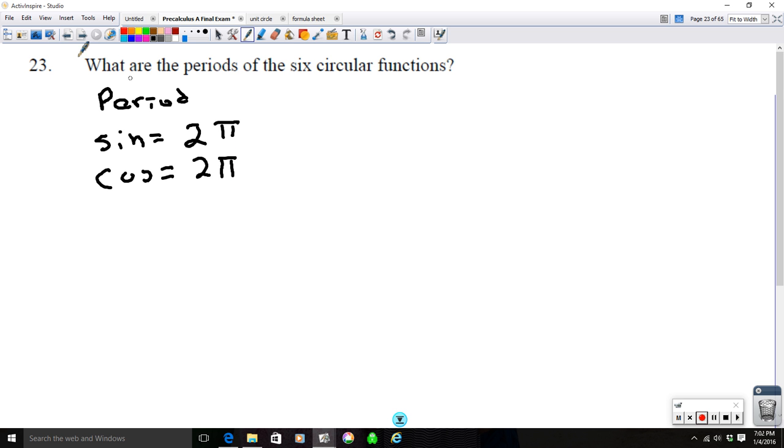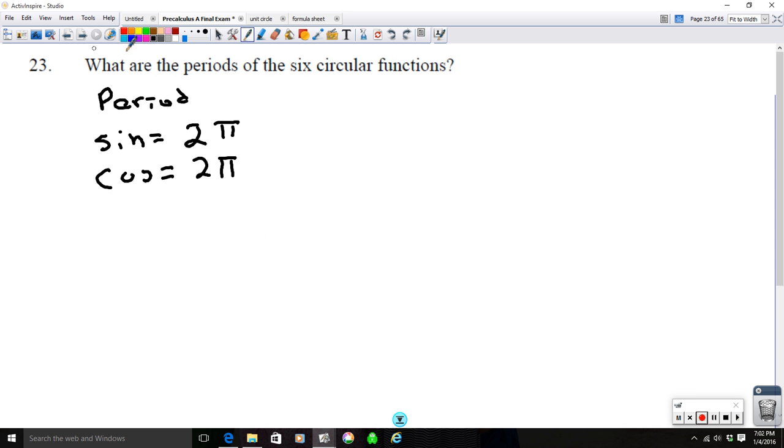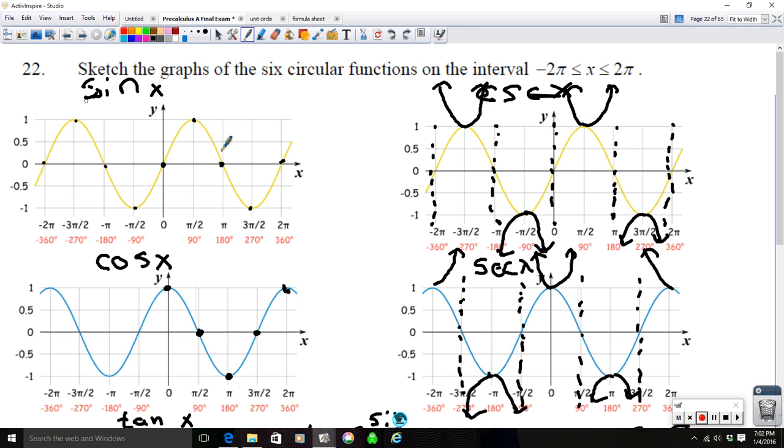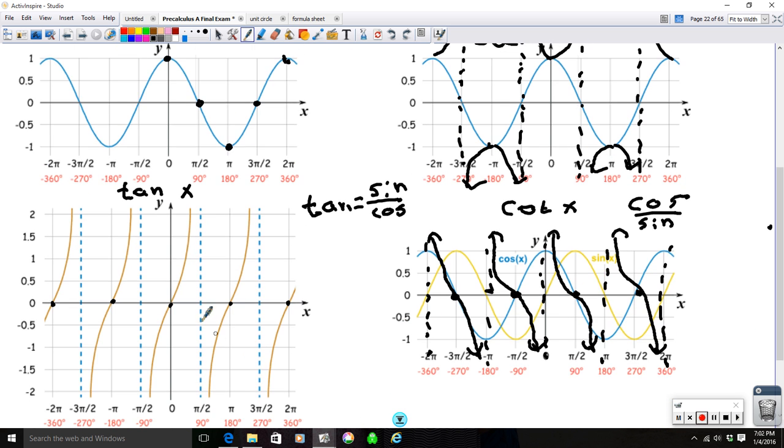And you can go back to the last problem to see that. Tangent, 1 full revolution was just pi. Again, look back at your graph. Tangent's down here. It did 1 full revolution from here to here, which is pi. 3 pi over 2 minus pi over 2 is pi.